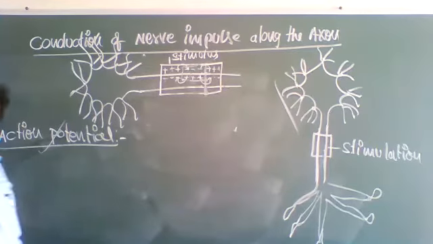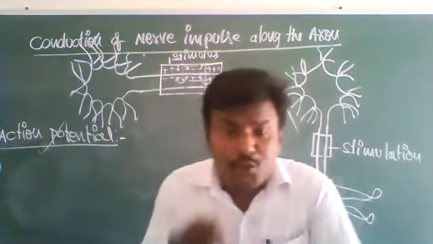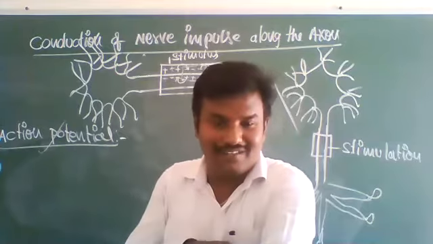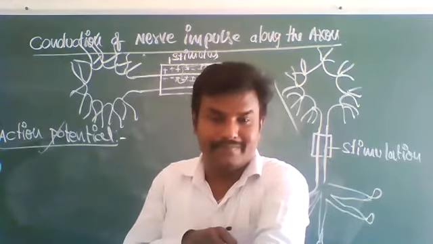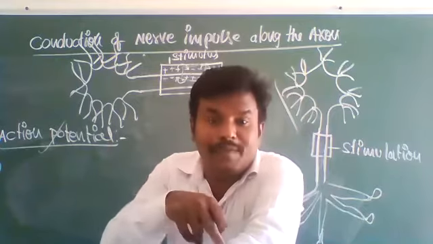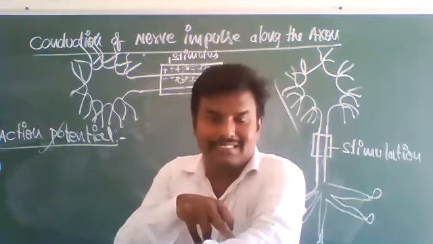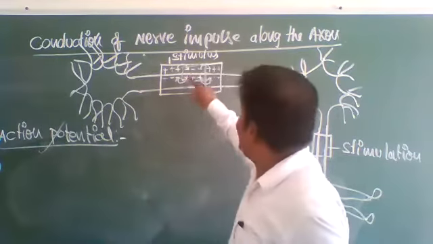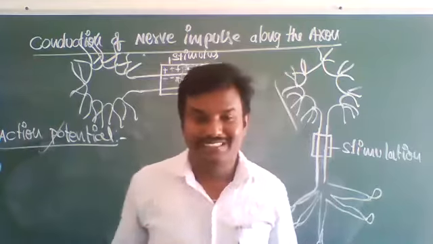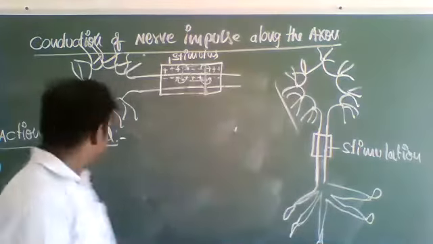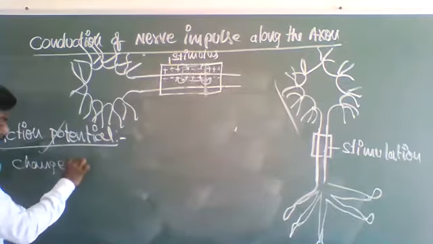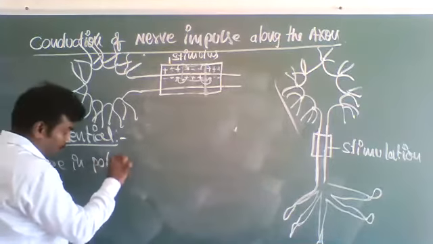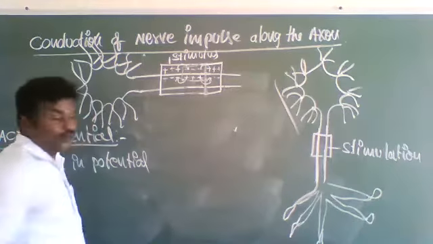The second one is, when stimulations are applied to a neuron or axon, a disturbance occurs at a particular place, and it brings a change in the potential in that particular area.